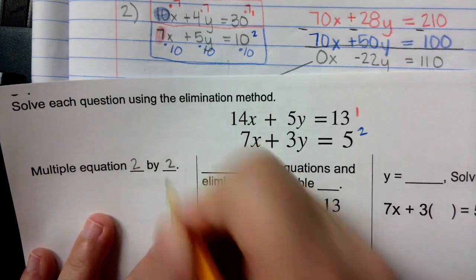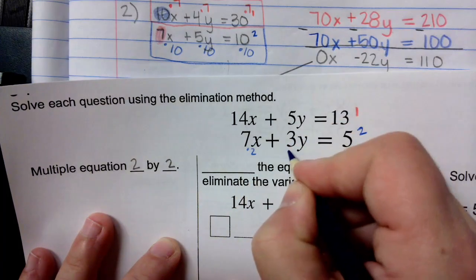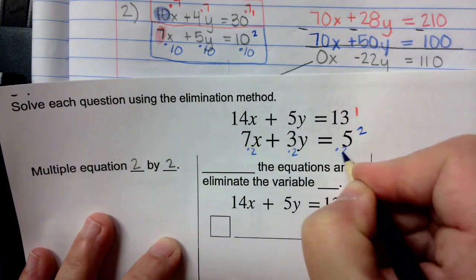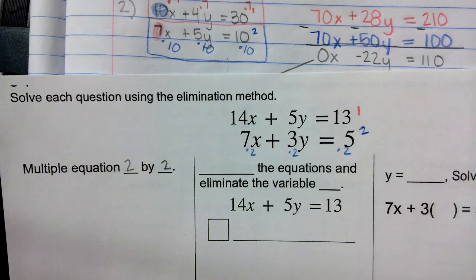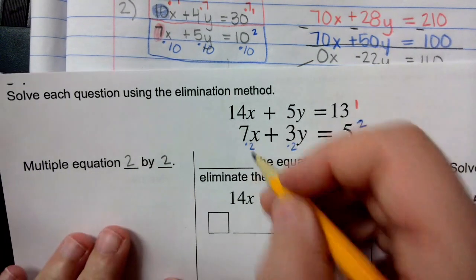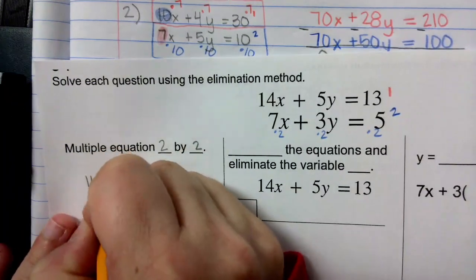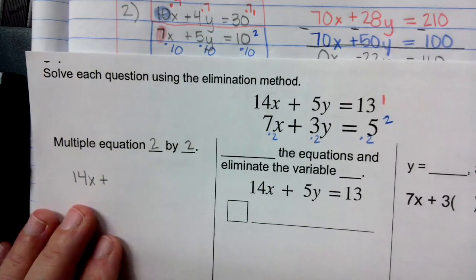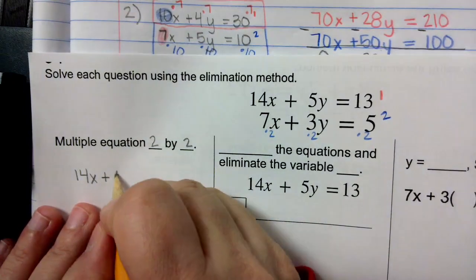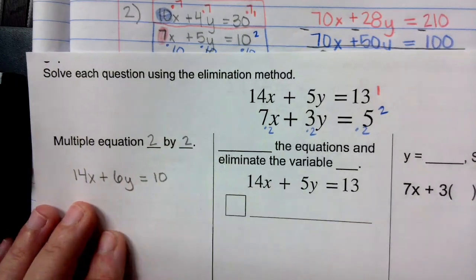So if you want to write that down here, you can write times 2. So what is 7 times 2? 14. So we get 14x plus 3 times 2, 6y, equals 10.